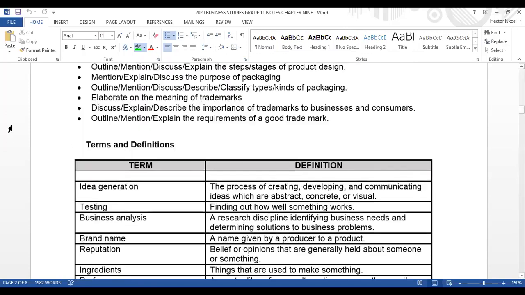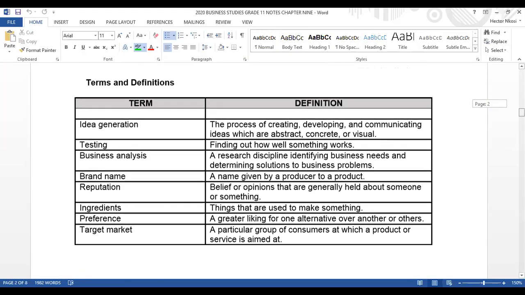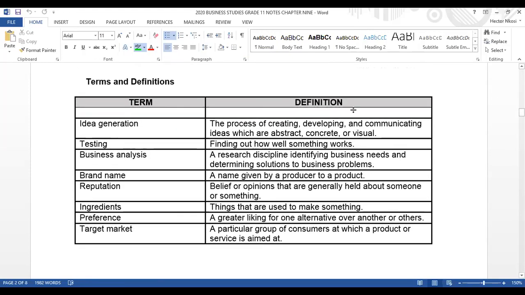You need to look at your idea generation, the process of creating, developing, and communicating ideas, which are abstract, construct, or visual. Also, when we talk about testing, we know that at schools, we often do testing.